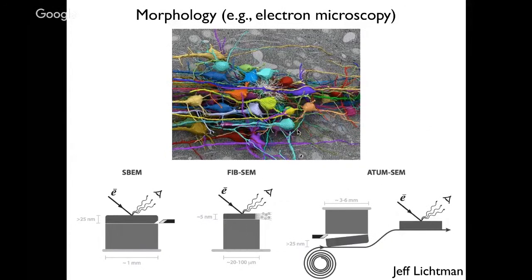You see a little bit of extra electron density for certain molecular complexes, like the postsynaptic density that tells you something about synapses, or synaptic vesicles in some cases, but mostly you're looking at the cell membrane, and that's about it, or at least the membranes of the cell and some organelles.